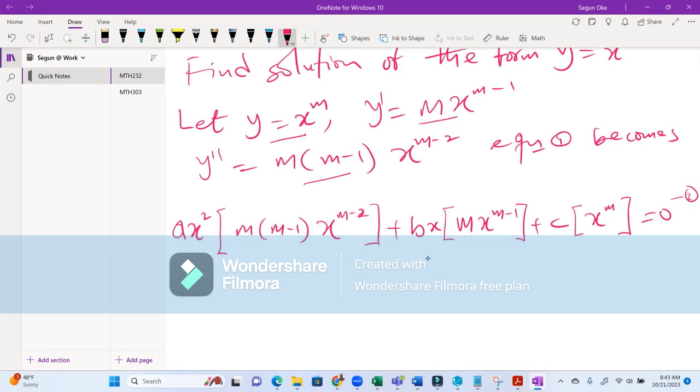Now, we can open the brackets. Always remember the law of indices, that says a raised to power m multiplied by a raised to power n is the same thing as a raised to power what? m plus n.